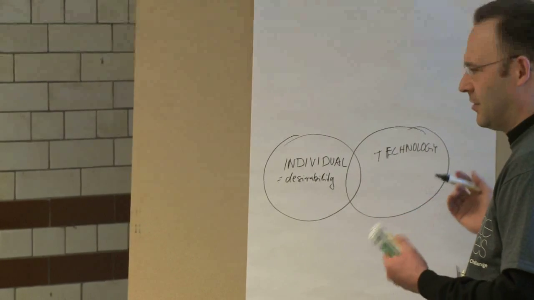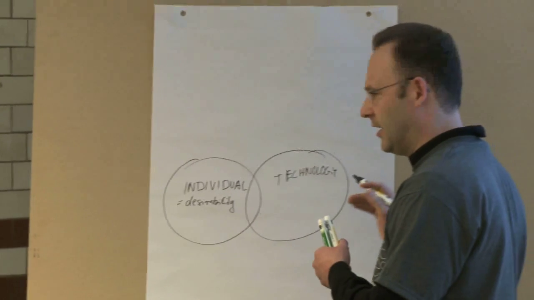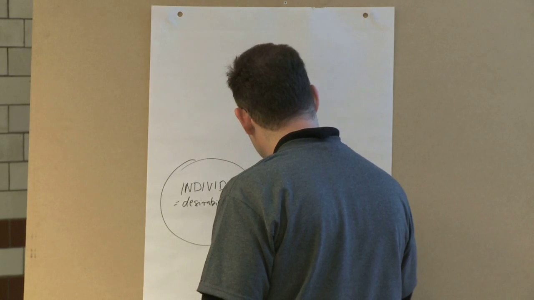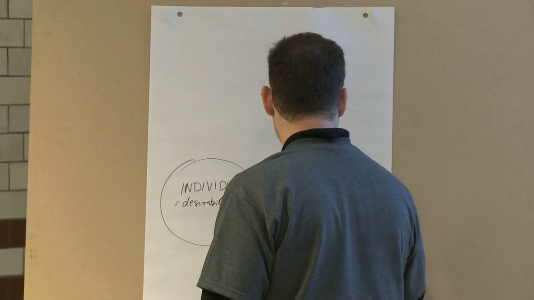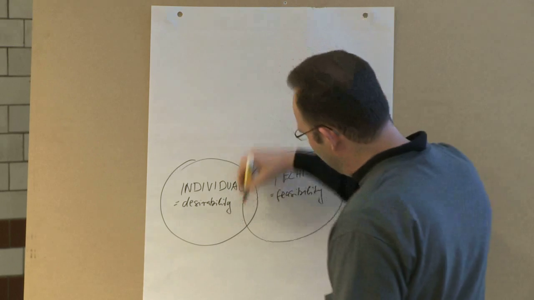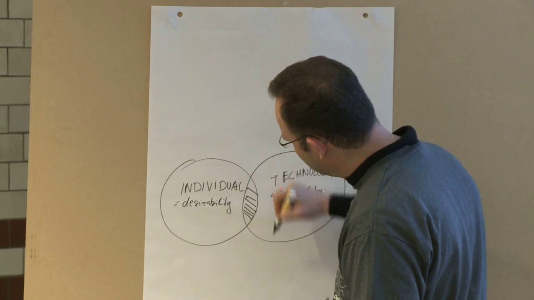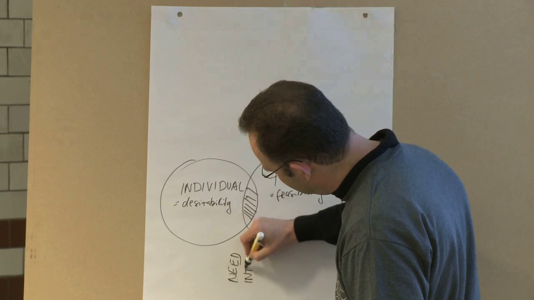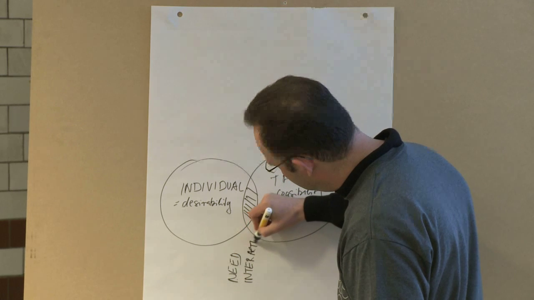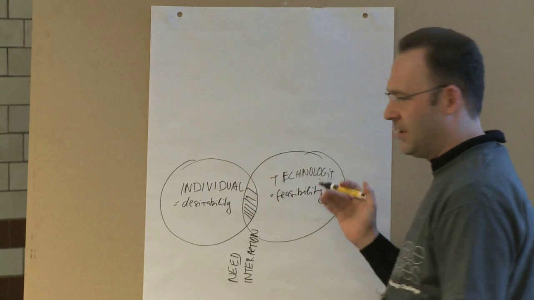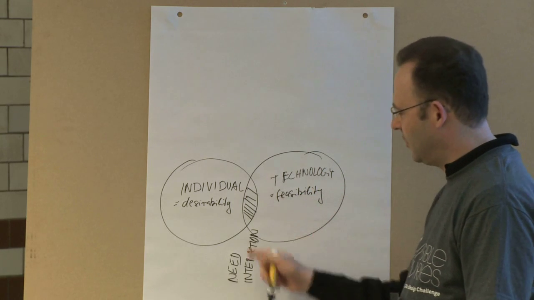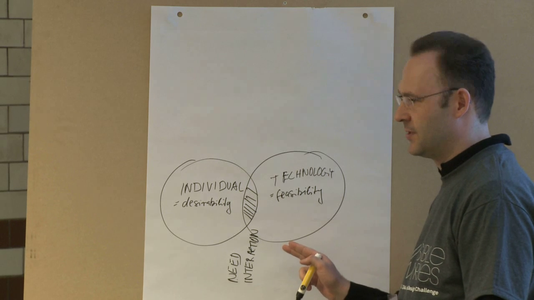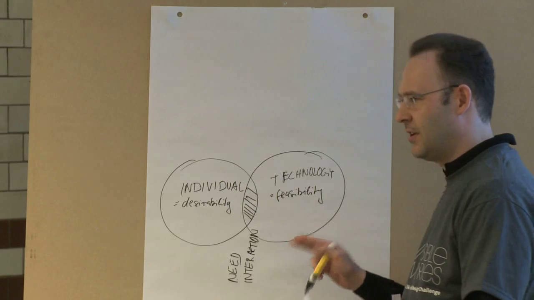We can talk about technology that still needs to be invented completely. If we have just one step left, that may be an option. So we talk about feasibility here. So if we combine those two, what we actually address is a need for interaction. As of today, we already start to see that technology and the individual do not really resonate. The needs of interaction are partially fulfilled, sometimes in a horrible fashion, sometimes they're already solved quite well.